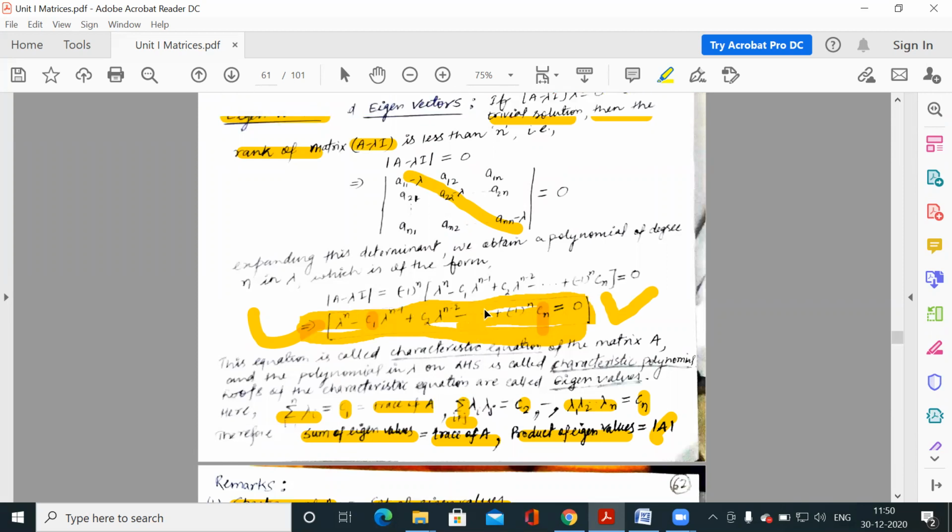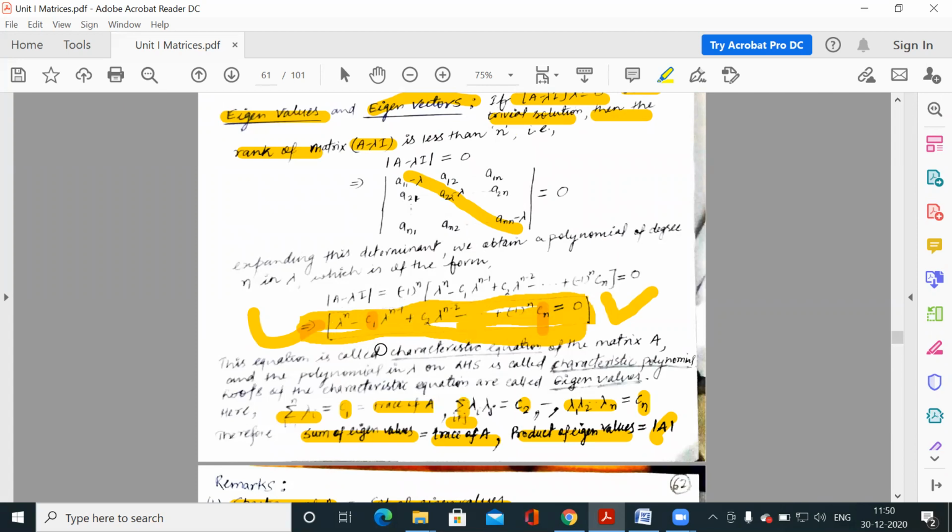Clear? So to find the eigenvalues, first we need to find the characteristic equation, and then we have to solve it, that is, find its roots. Those roots are called eigenvalues, characteristic roots or latent roots.